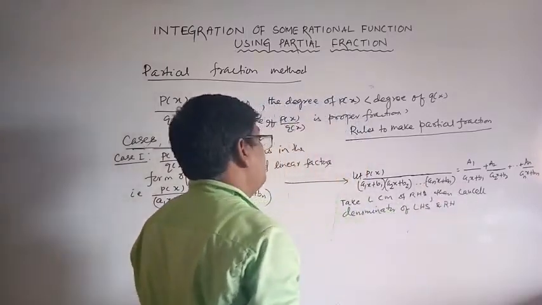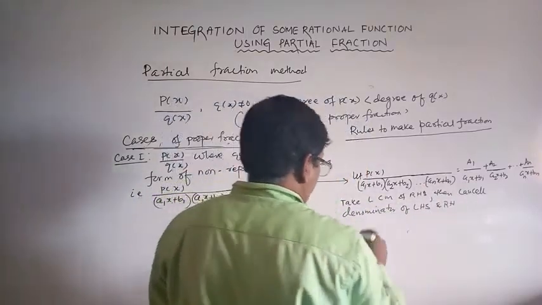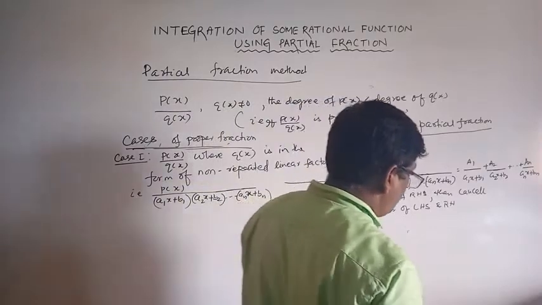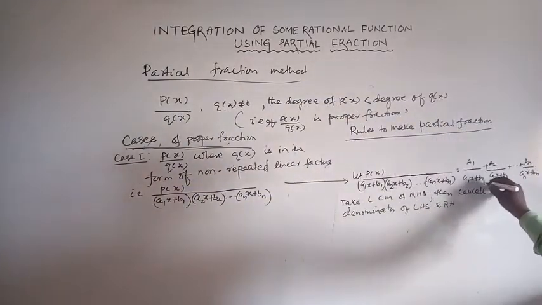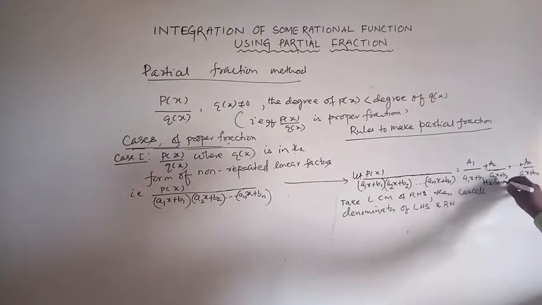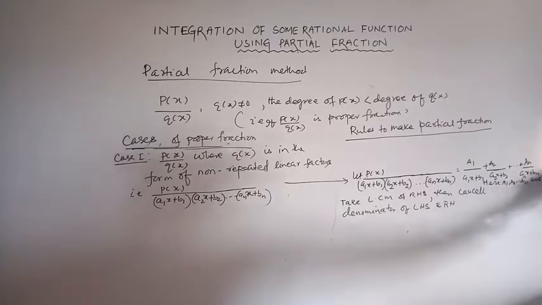Here A1, A2, A3, dot dot An are unknown constants.